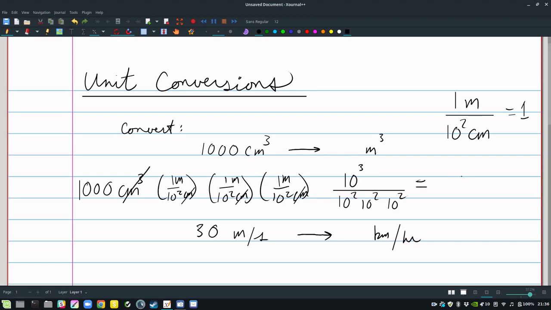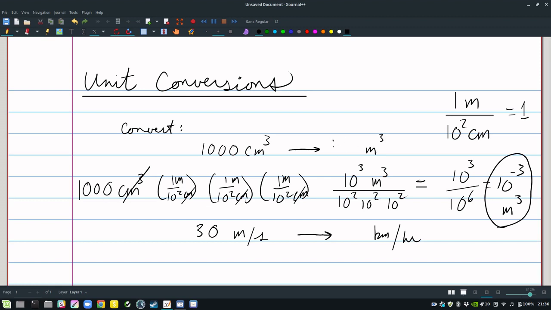And so that's 10 to the third power divided by 10 to the sixth power, or 10 to the minus 3, and the units are meters cubed. So it ended up being dividing by 1,000,000, or 100 cubed, and that changed the units from centimeters cubed to meters cubed. So that's 10 to the minus 3.